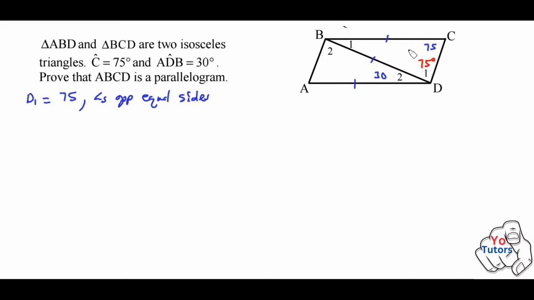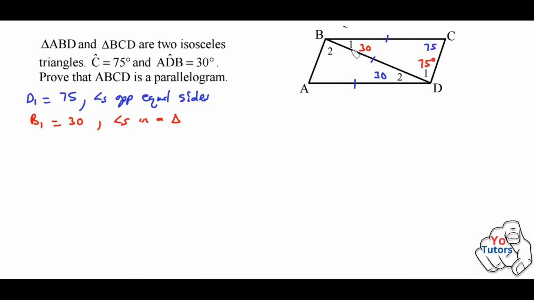Now, what we also see is that B1 is equal to 30. Now, when we have B1 equal to 30, these are angles in a triangle. Angles in a triangle add up to 180. So now we have got B1 equal to 30.